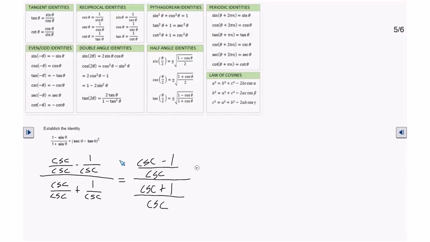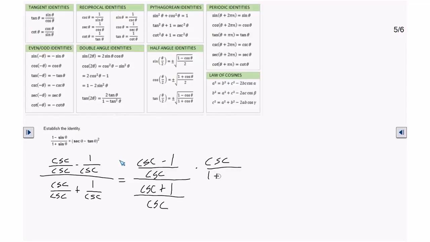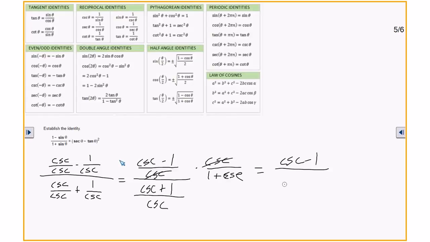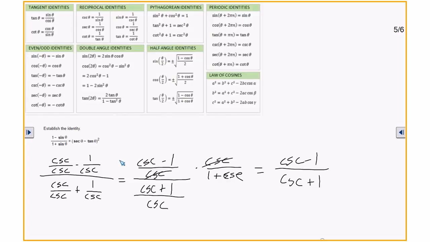Multiply by cosecant over 1 plus the cosecant. The cosecants cancel. You're left with cosecant minus 1 over cosecant plus 1, right? Yeah. So that doesn't even work because we don't even have a square.